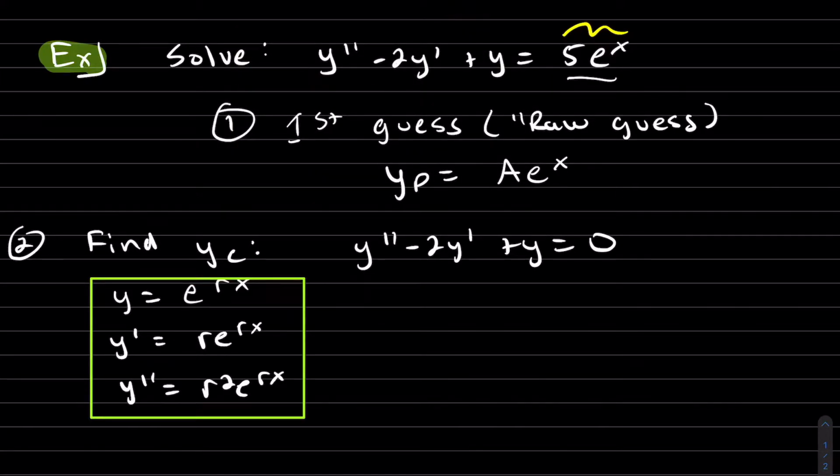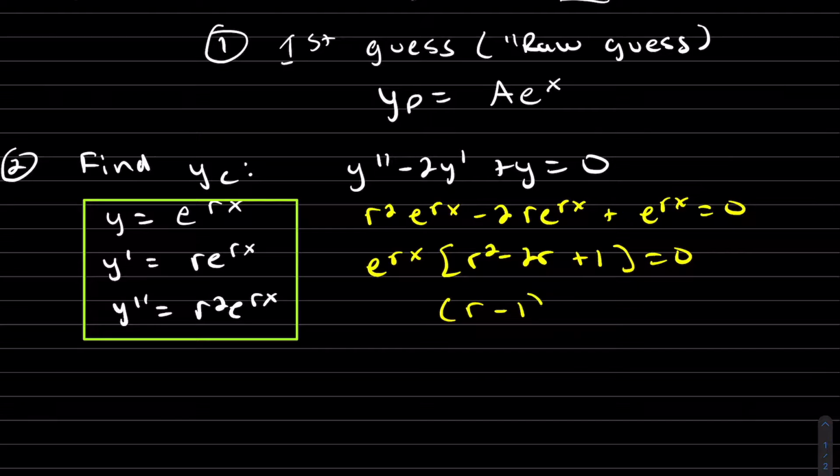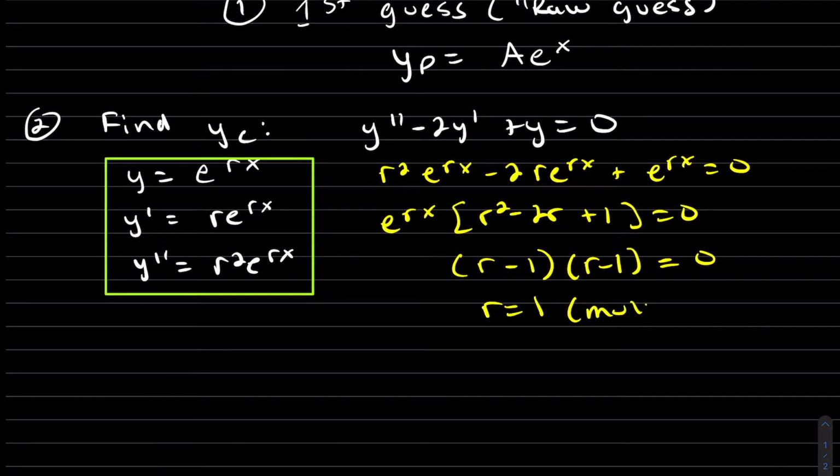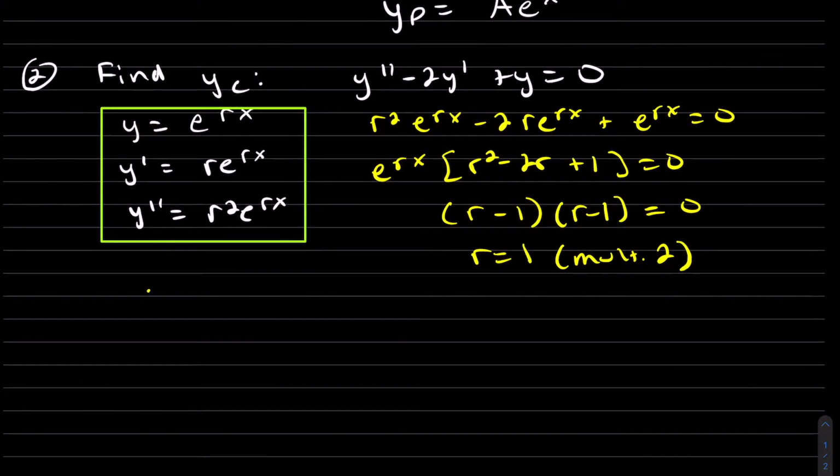So we'll plug that into our DE. Y double prime. Factor that out. So this is our second case of constant coefficients.